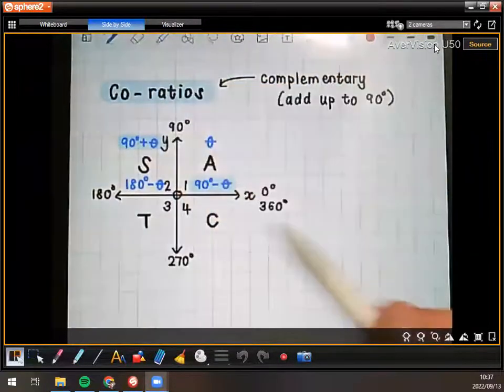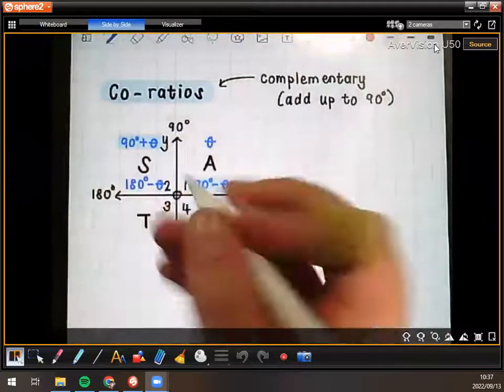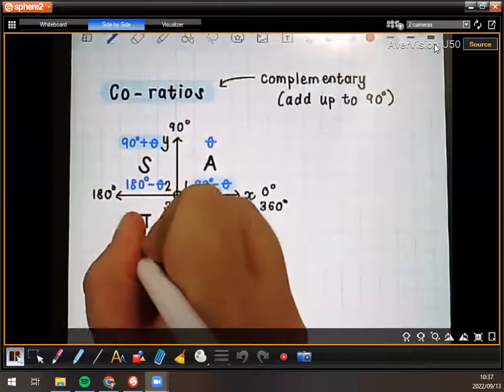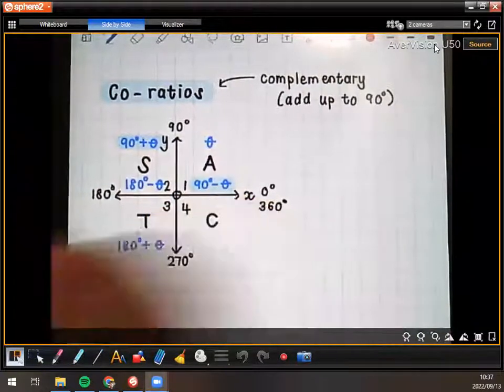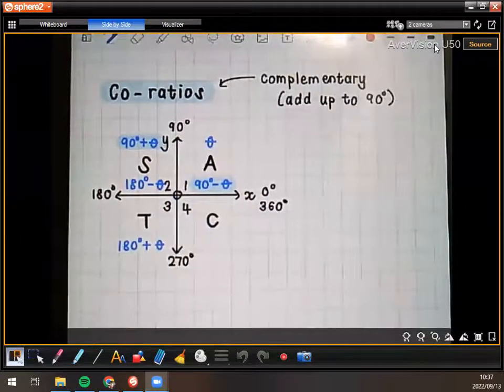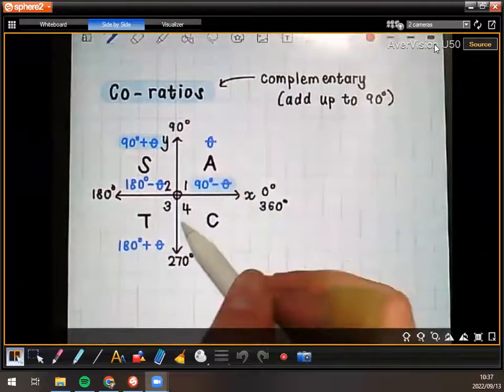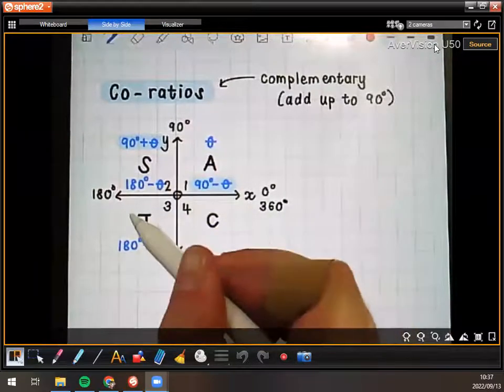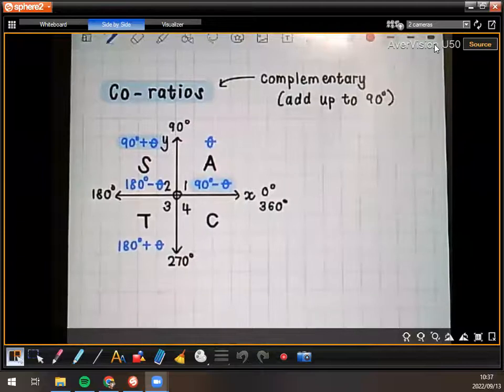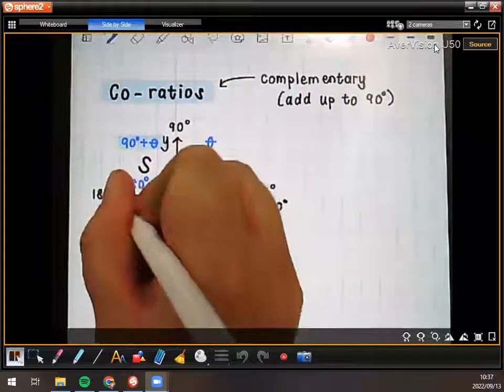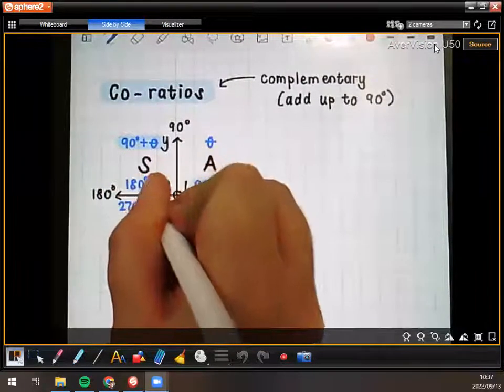Now I'm just going to write for the third and fourth quadrants. We know for quadrant 3 we use 180 plus theta. Now guys, we could say 270 minus theta, but that's not in the syllabus. I'm going to write it in here, but we're not going to use it.